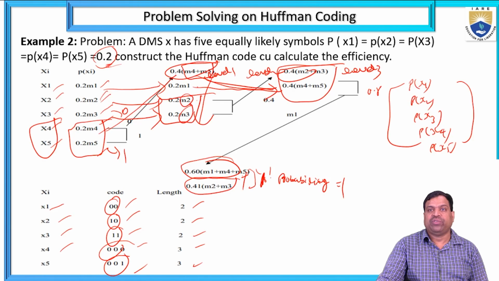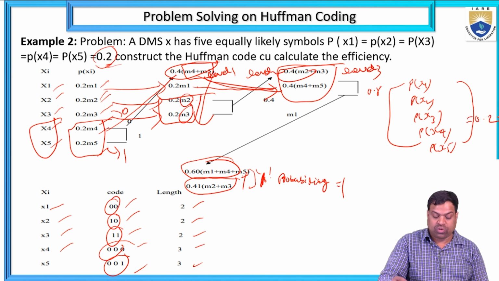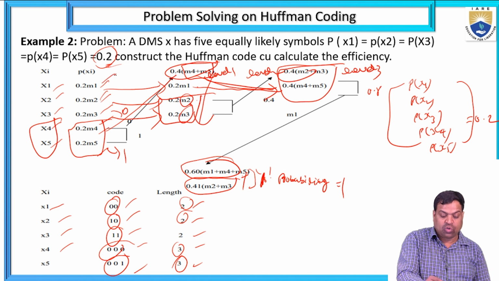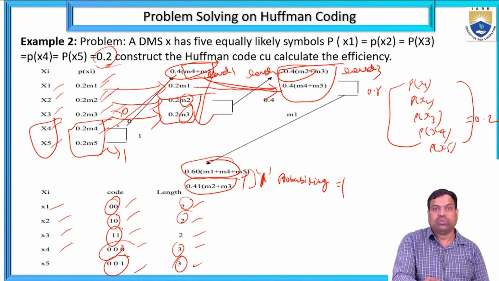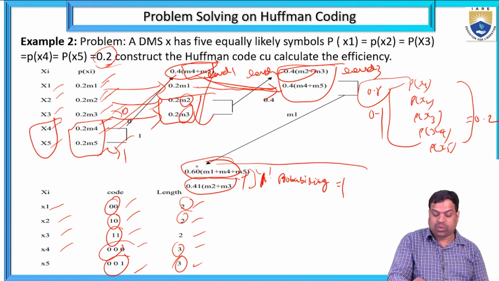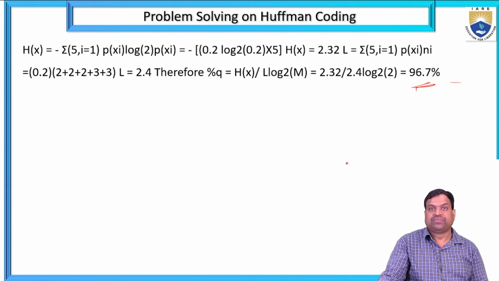The probability of DMS X has 5 equally likely symbols: P of x1 equal to x2 equal to x3 equal to x4 equal to x5, all equal to 0.2. Here x1 equal to 2, the lengths are all 2, and the last one is 3. So 0.2 for m1, m2, m3, m4, and m5. In level 1, level 2, and level 3, I added the values, and the final one is 0.1 and the probability equals 1.